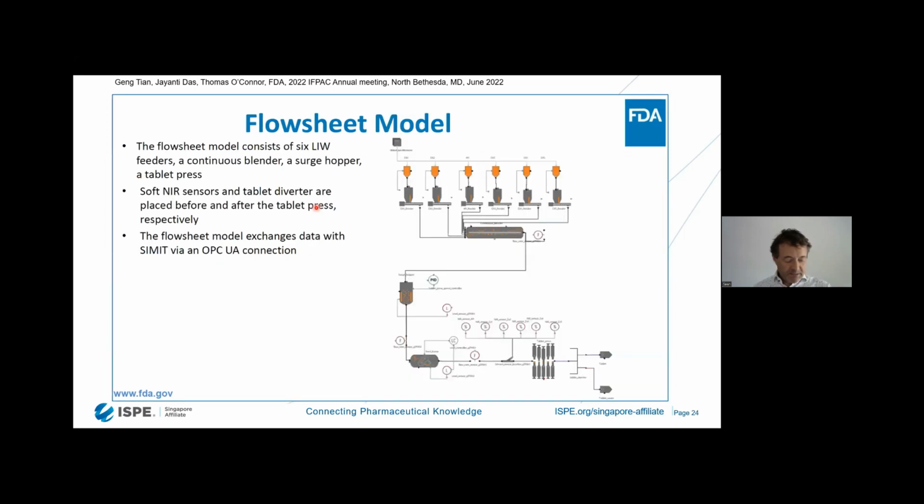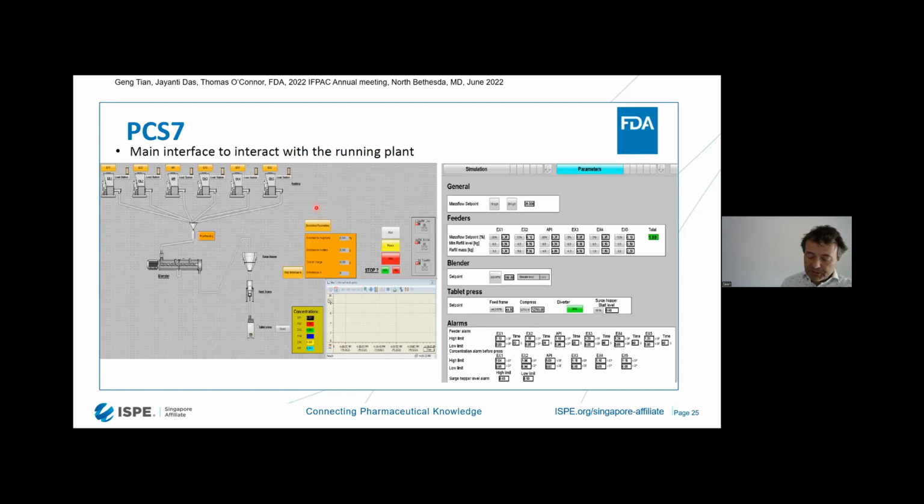I already mentioned some of the details on the flowsheet model, so I will not repeat that. The HMI, the human machine interface, or the user interface for the operators, is in the DCS system. So also 6 feeders, the blender, the surge hopper and so on, and the tablet press. But this is normally the interface to the equipment.